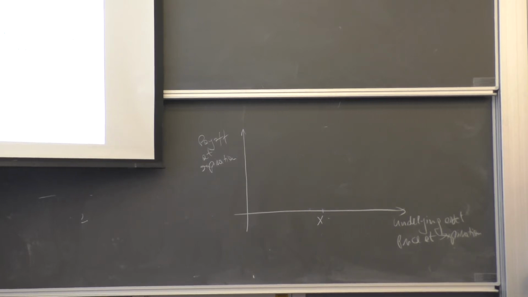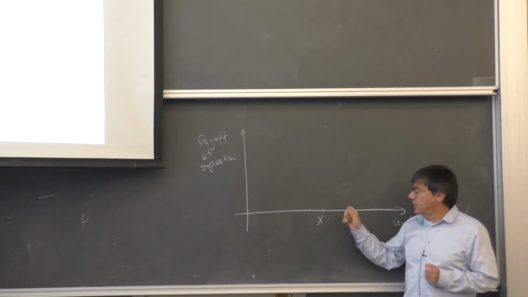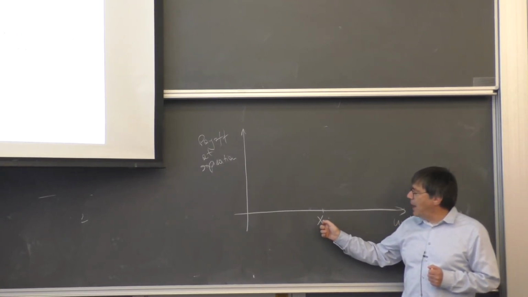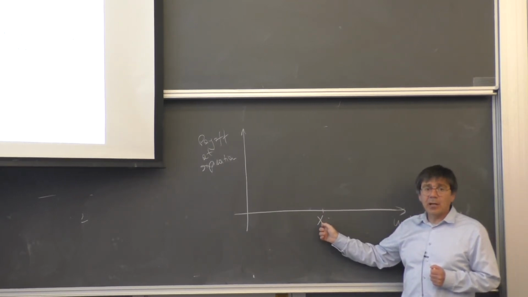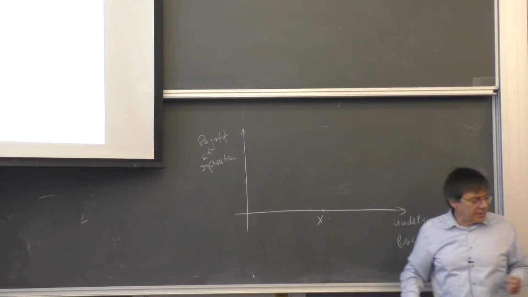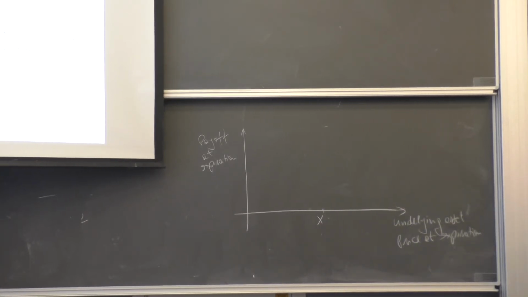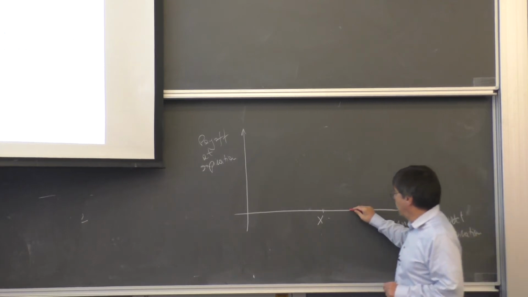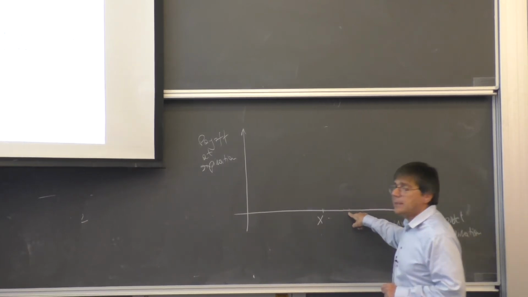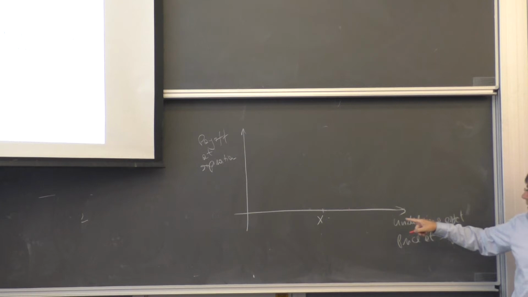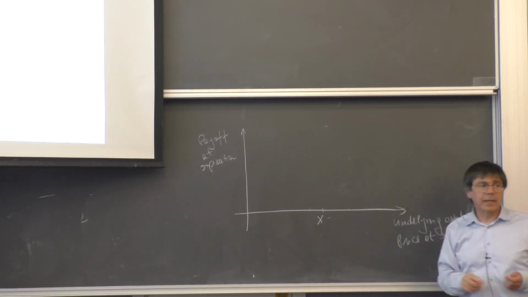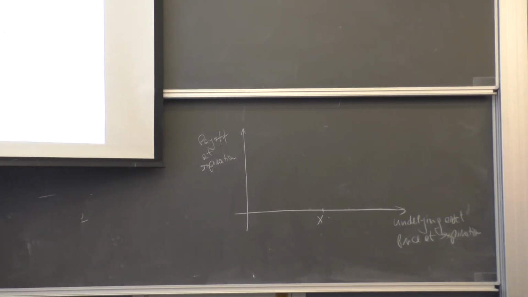So we have a European call option which gives us the right to buy the underlying asset at the strike price of X. What happens if we observe ourselves being in a state of the world in which the market price of this asset is this number, which is bigger than X? Are we happy or are we sad?